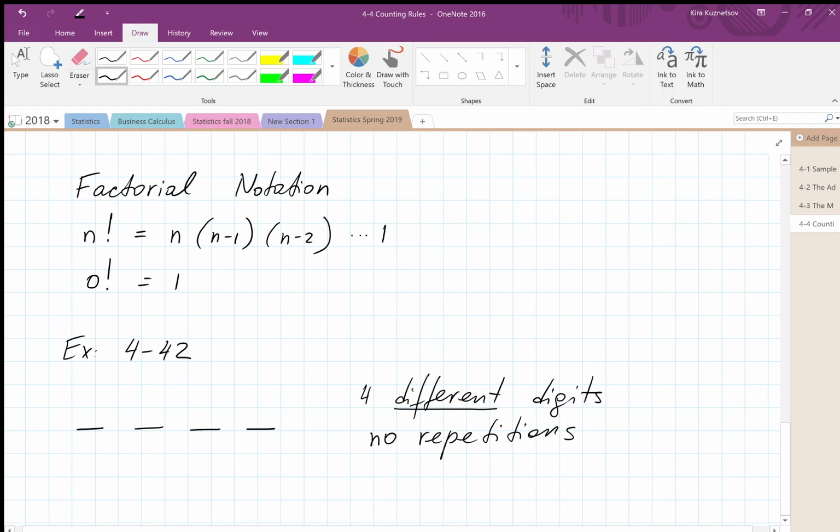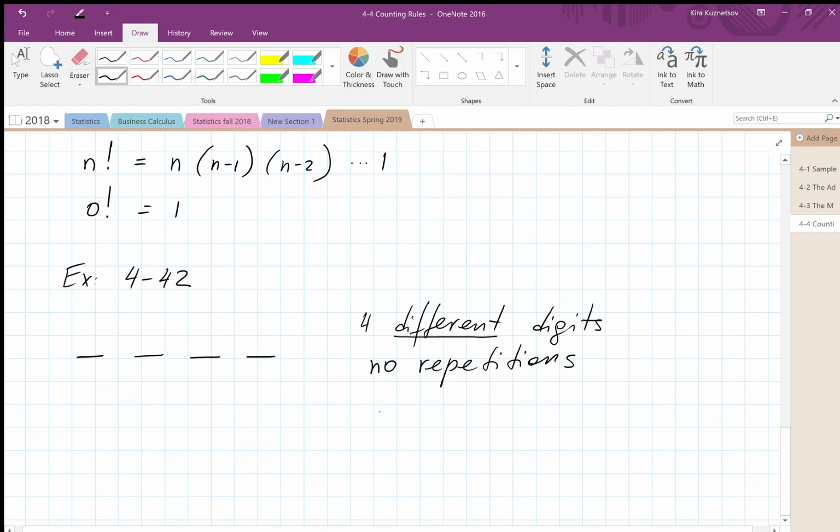And he uses 0 through 3. So 0, 1, 2, 3 are possible digits.